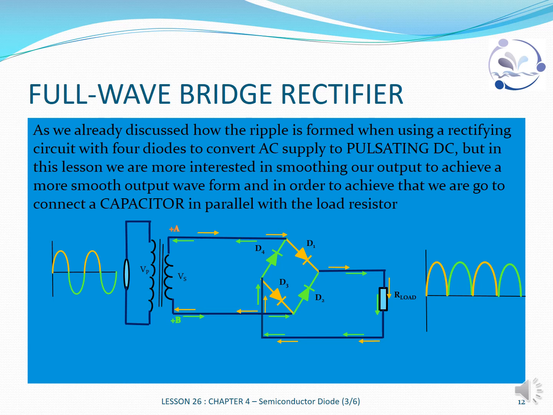But in this one, we are more interested in the smoothing circuit, smoothing our output. And this is going to be achieved by connecting our smoothing capacitor in parallel with our load resistor.